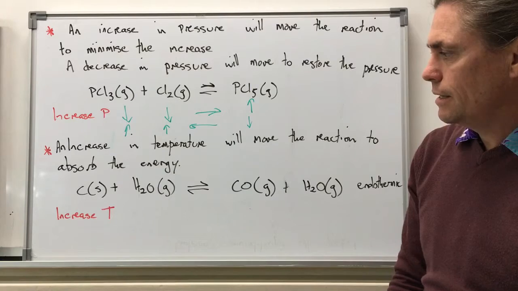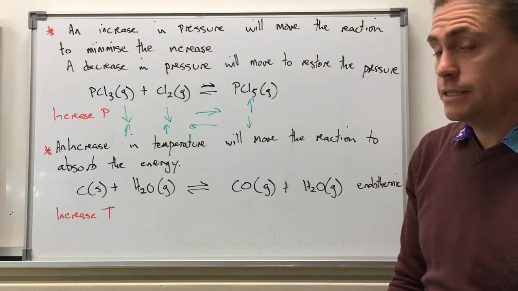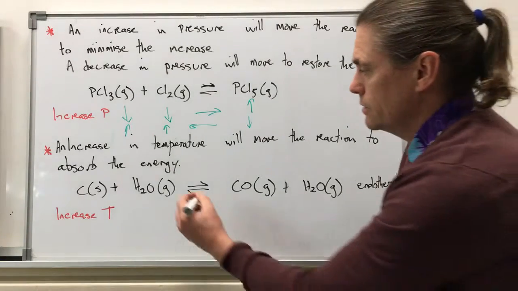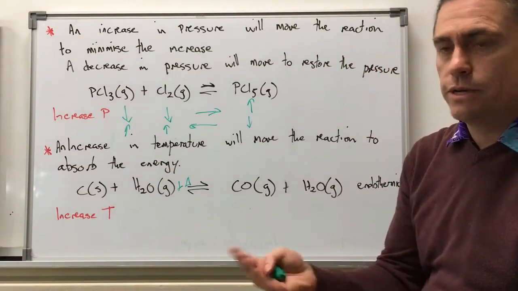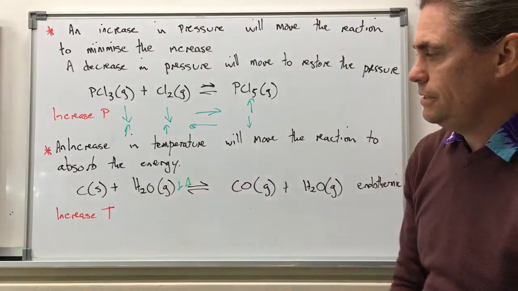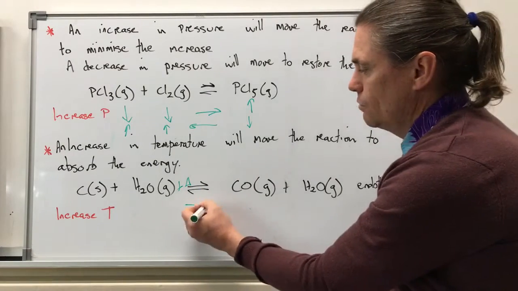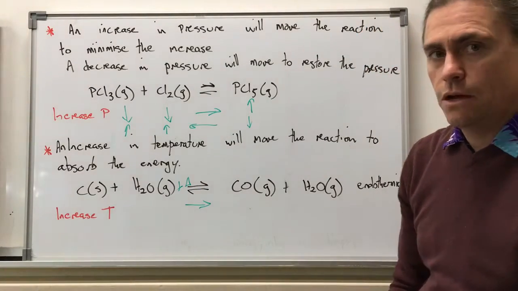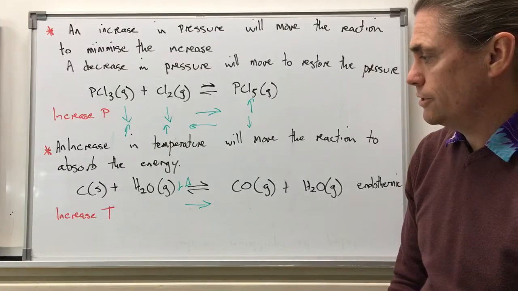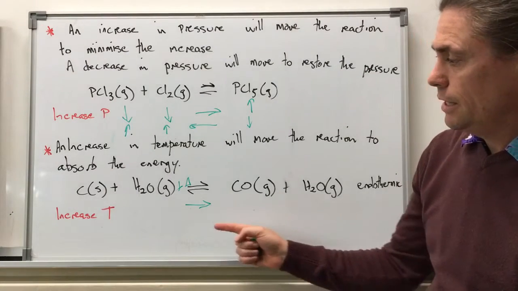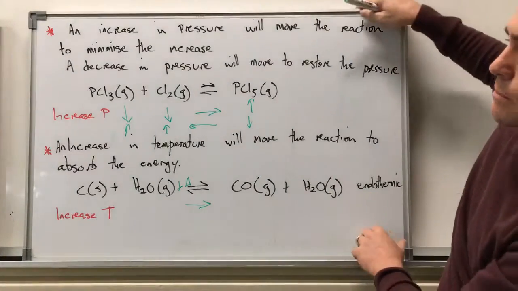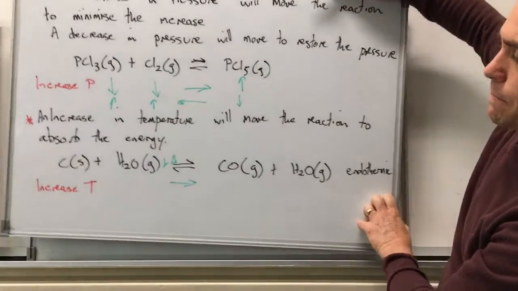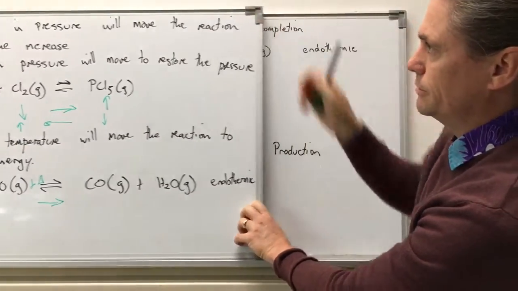If we increase the temperature, and this is an endothermic reaction, so it requires energy, we increase the energy. This will push the reaction in the right-hand direction. On the other hand, if it's an exothermic reaction and we increase the temperature, it will push it in the left-hand direction. Let's look at this applied to something a bit more real world.